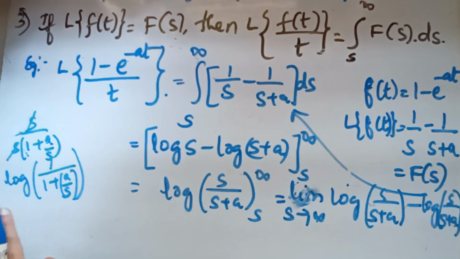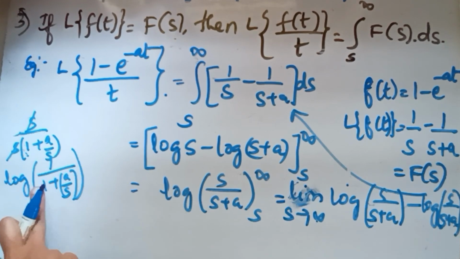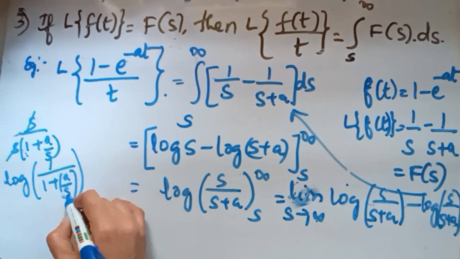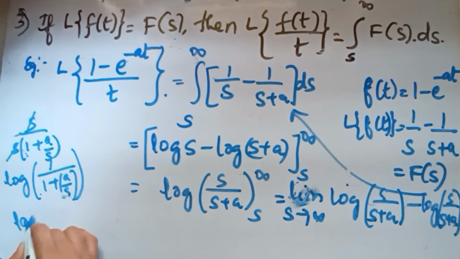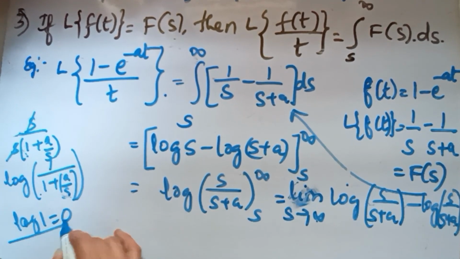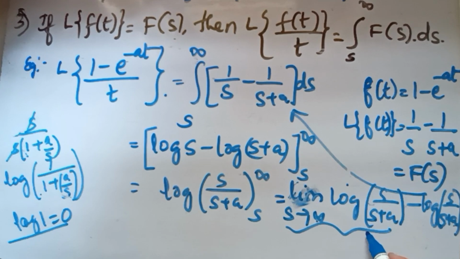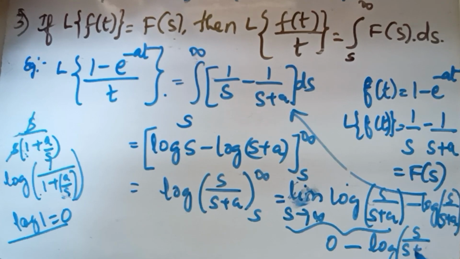Now when you apply the limit s tends to infinity, a by s becomes 0. So log of 1 equals 0.